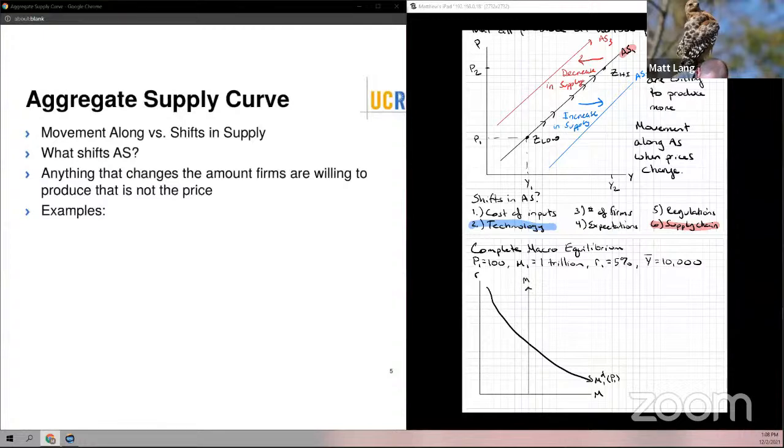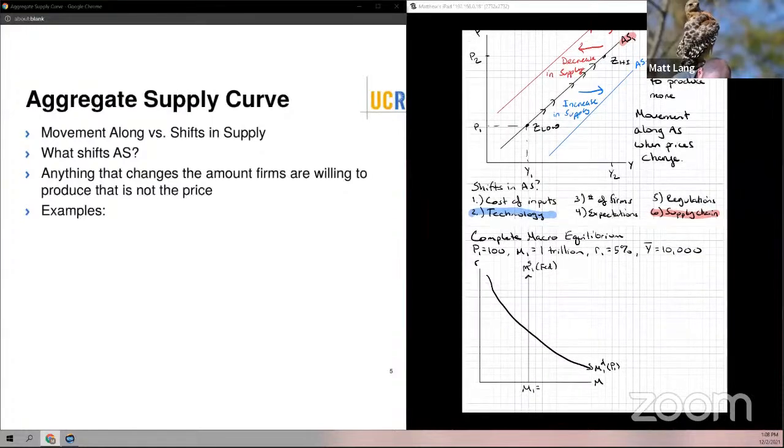There's the Fed. And then we've got M1 equal to 1 trillion. Okay. So we're at point A. We're at equilibrium at R1 equal to 5% in that money market.